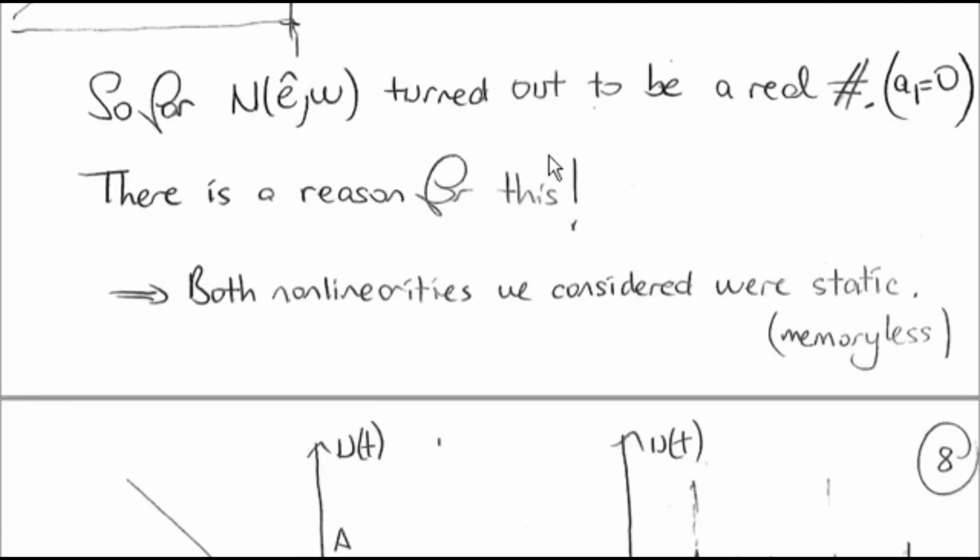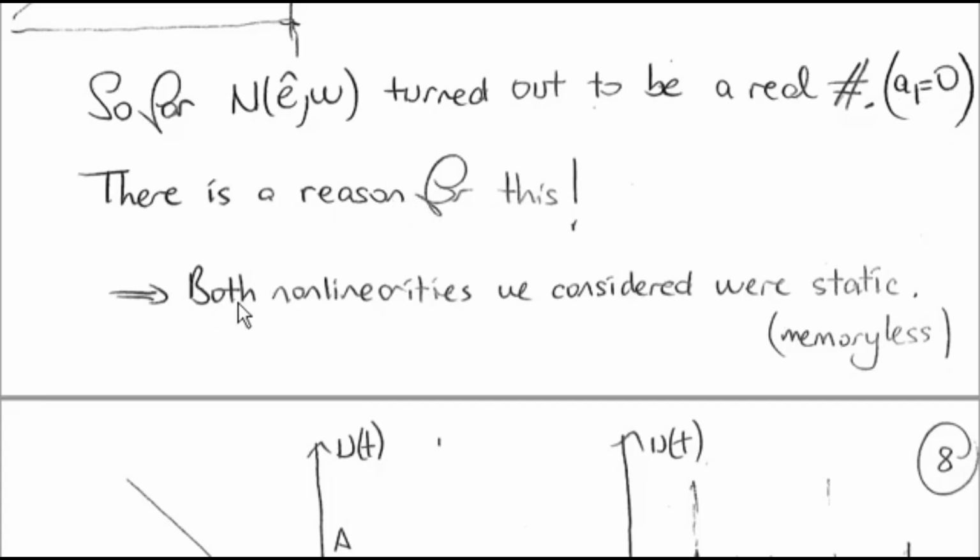So far, the describing functions that we have found turned out to be both real. The realness was caused by the fact that A1 was equal to 0 for both examples. Actually, there was a very clear reason for this.